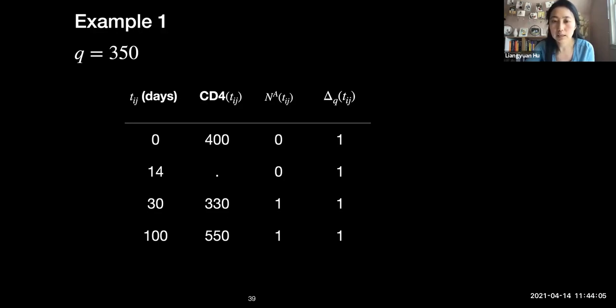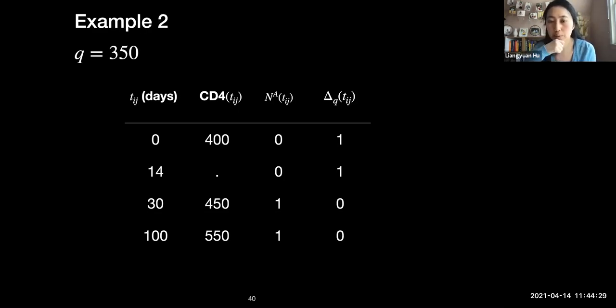At the next visit, CD4 was down to 330, below the threshold for the first time. The rule says treat the person, and the person was treated, so still compliant. And once treated, always treating, so the person was still treated at the next visit. This person was compliant with the rule 350 throughout the follow-up.